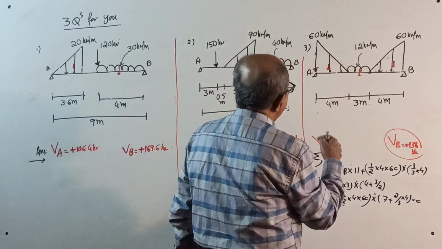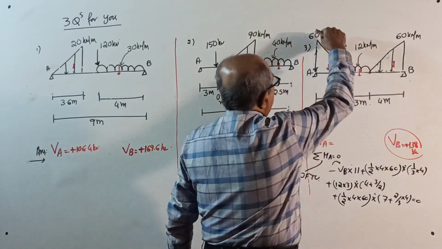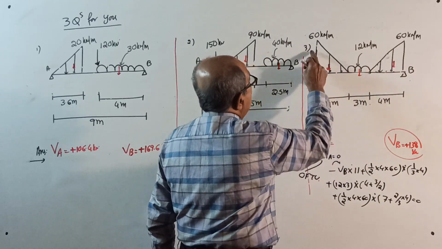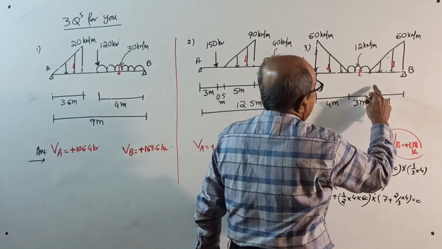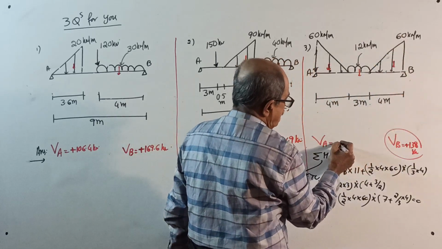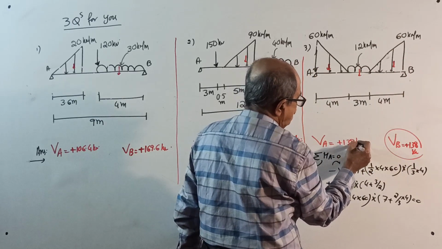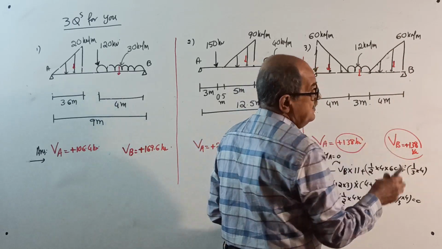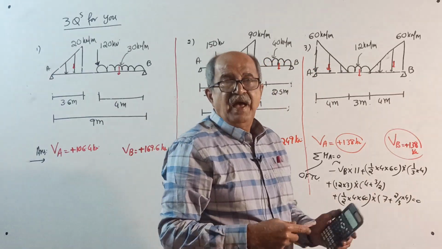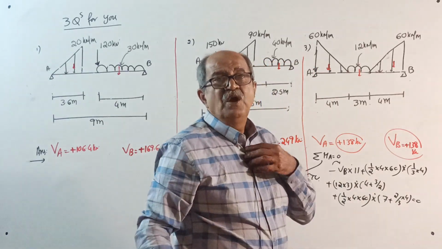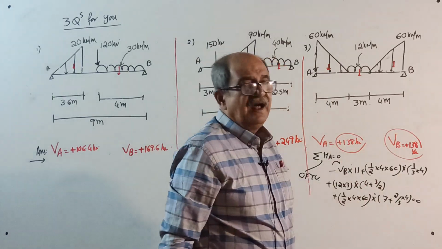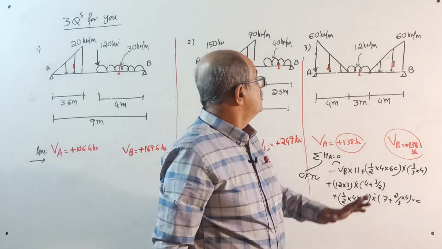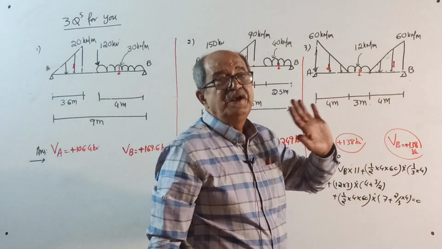Kilonewton, sigma V equals 0, VA plus VB minus this load, half into 4 into 60, minus this load, 12 into 3, minus this load, half into 4 into 60 equal to 0. Your VA also will come 138 kilonewton. This is C. If you actually, this way you need not calculate, but still, if you calculate this way and get the answer, you get confidence. So how to take moment of different loads, you get it.